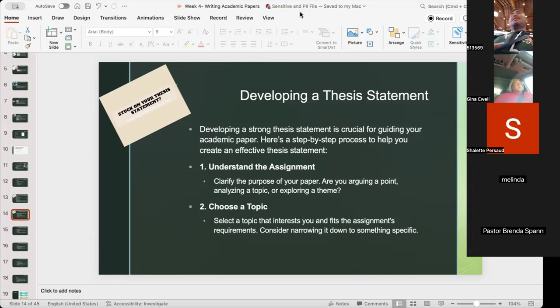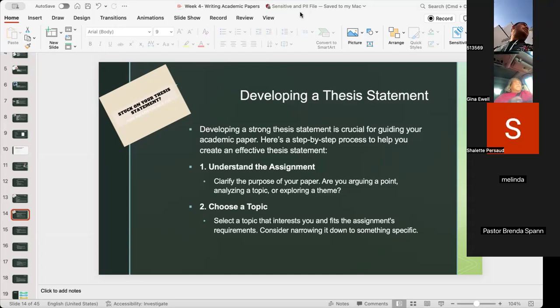You're going to choose a biblical leader, and you're going to tell about why that person was so important during biblical times. So that would be the purpose of your paper. You have to think about, are you arguing a point, or are you analyzing a specific topic, which in this case you kind of are, or are you exploring a specific theme?